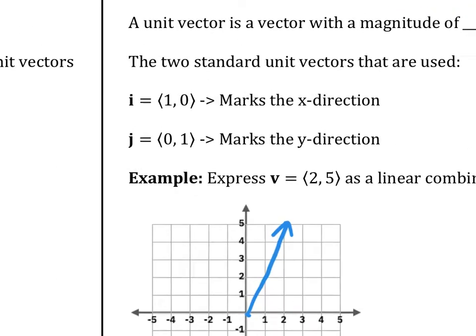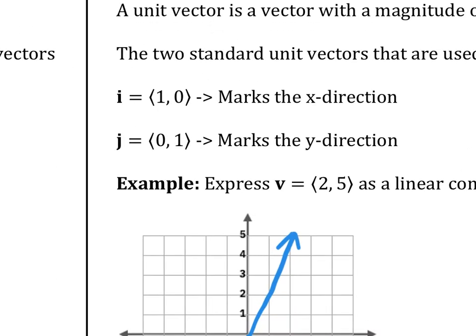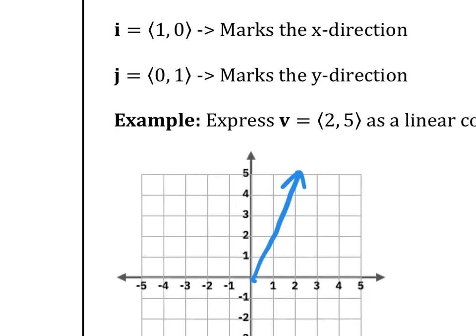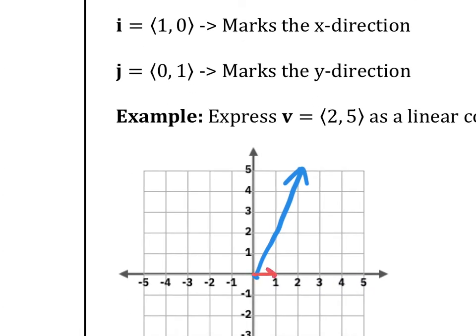The I vector is the 1, 0 vector, so let's draw out the 1, 0 vector. 1, 0 is this one. And then the j vector is 0, 1, so 0, 1 is this way. So let me just label I, and then j.